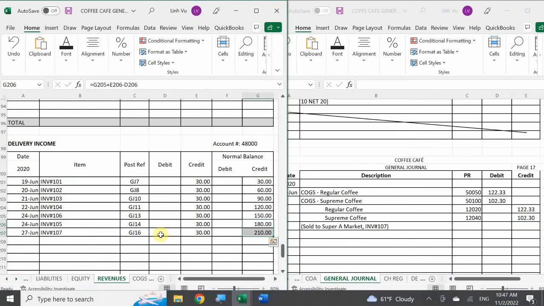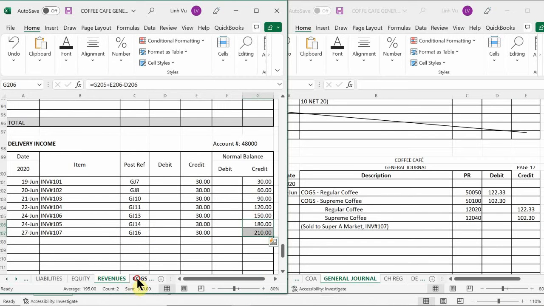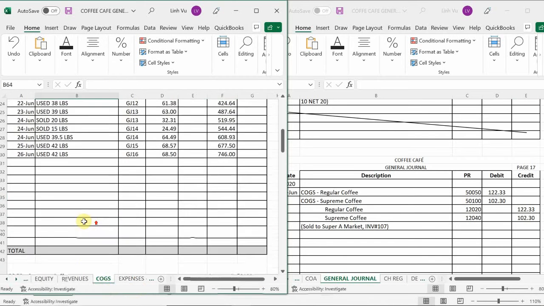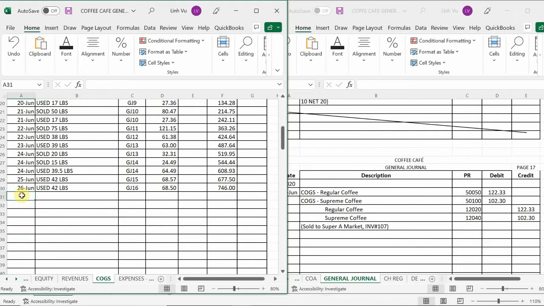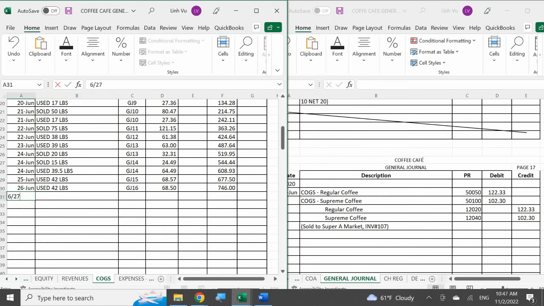So I gotta update my inventory on my ledger. So cost of goods sold, right? Because I sold some coffee here. 122.33. So sold 75 pounds for 122.30.